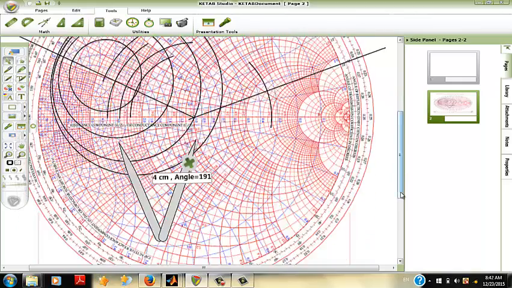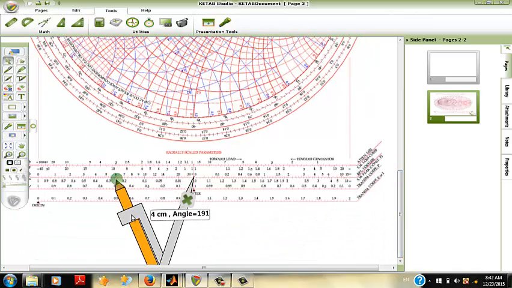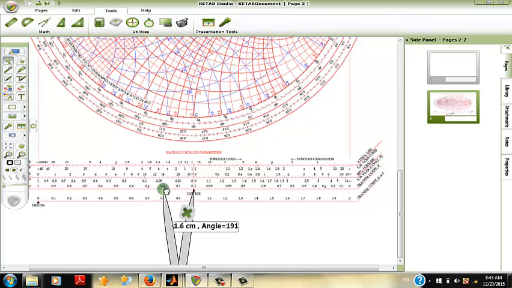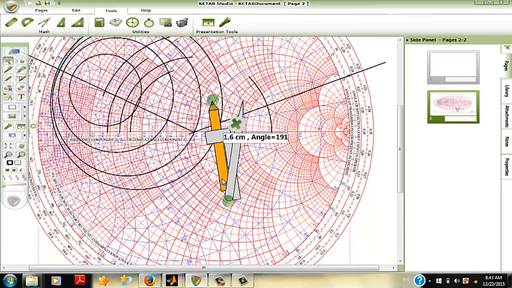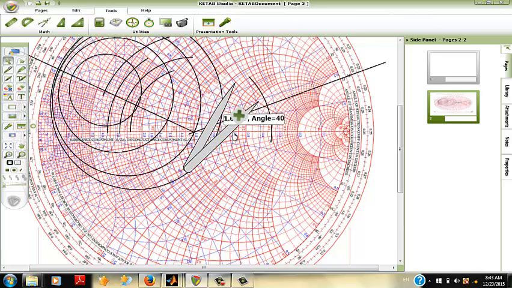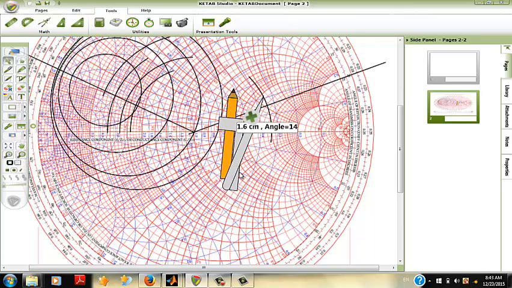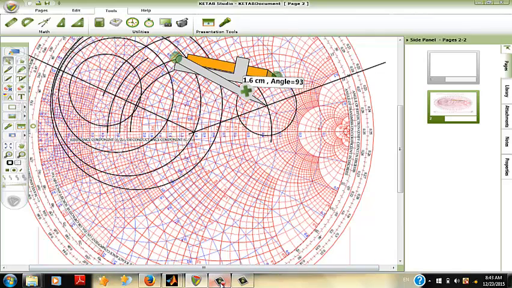The radius is 0.197. Now from the center, we draw a circle for the load.